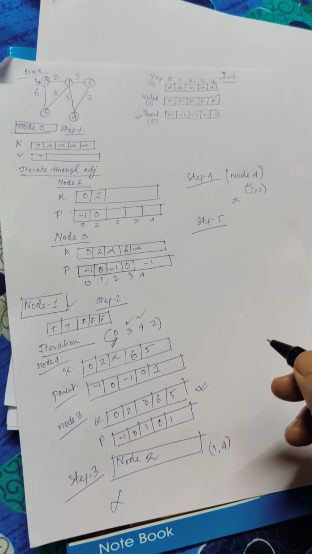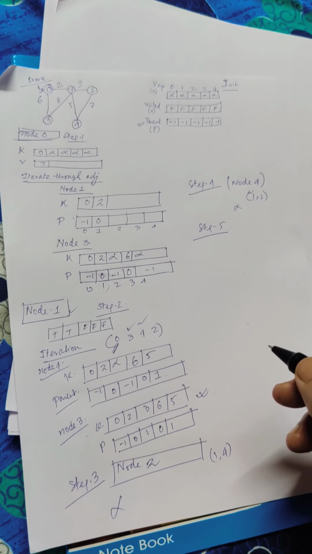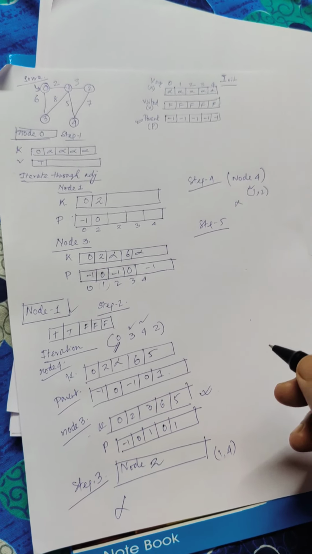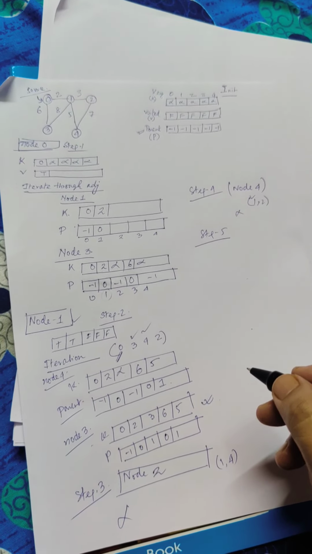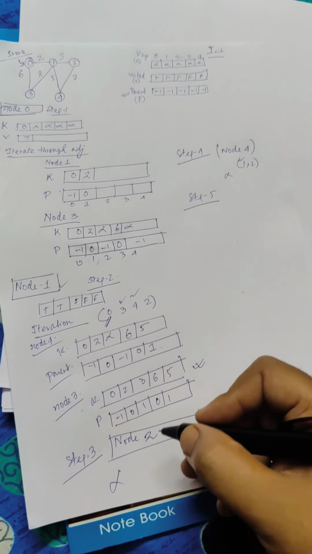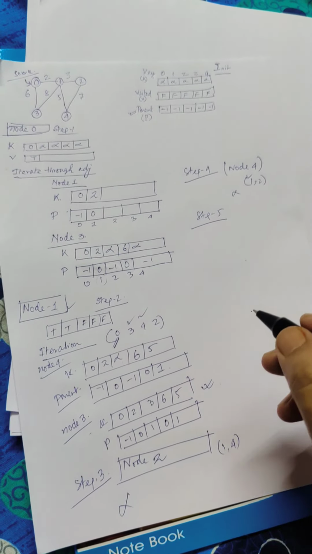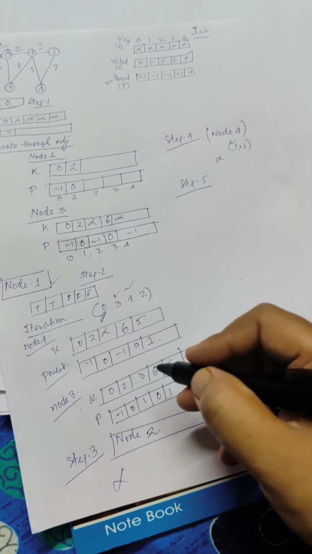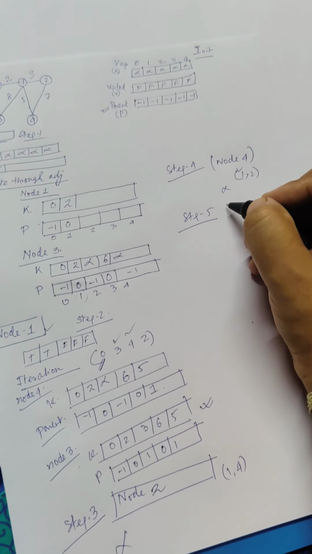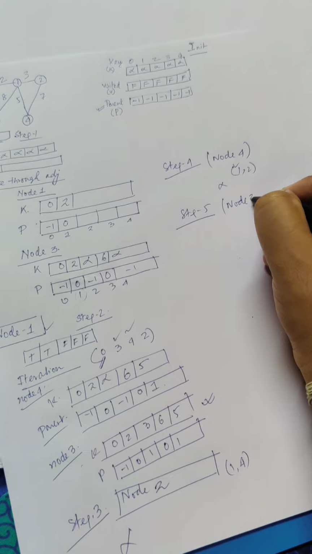Node number 1, node number 0, node number 4, 0, 1, 2 also taken, 2, 0, 1, 2, 4. So actually node number 3 has been left. 0, 1, 2, 3. Yeah, 6. That is node number 3.